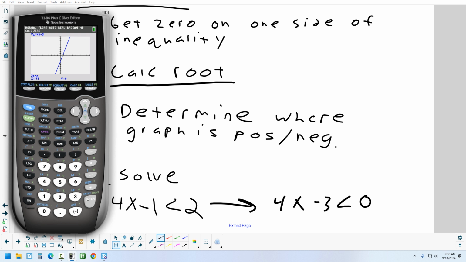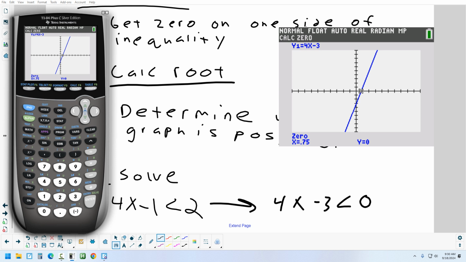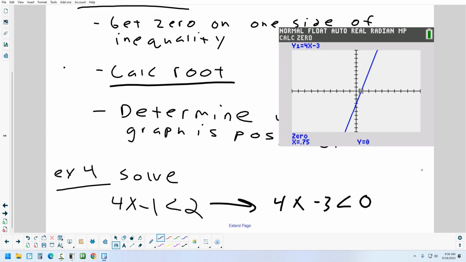So I know that if I plug in 0.75, I will get exactly 0. Would I want to pick values above 0.75 to the right of it? Or would I want to pick values below 0.75 to the left of it so that I'm under the x-axis? James? You're under the x-axis.